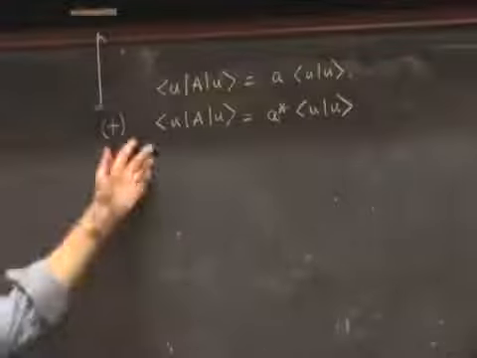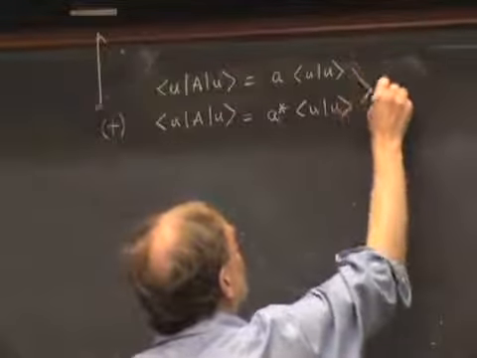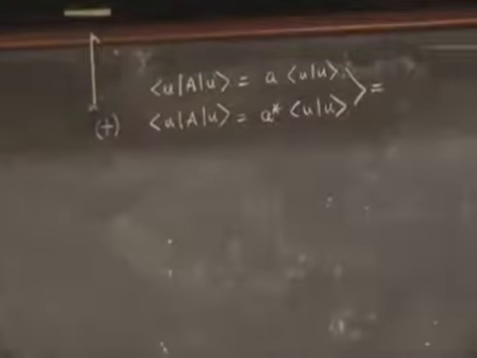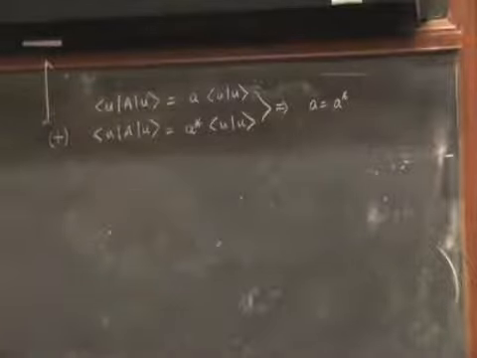And so the left-hand sides are equal, so the right-hand sides are equal too. And we're assuming that the eigenket is non-zero, because that's what we mean by eigenkets. So this scalar product UU is non-zero, so this implies that A is equal to A star. You've probably seen this proof before. It's a very simple proof.